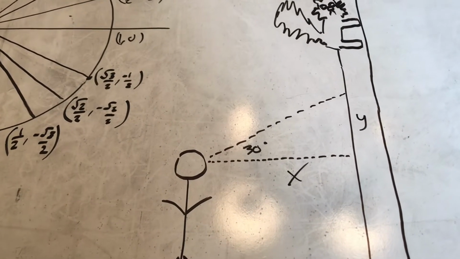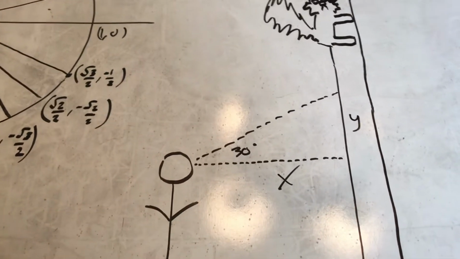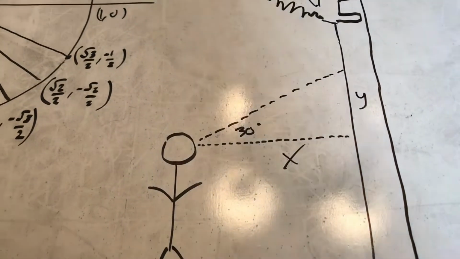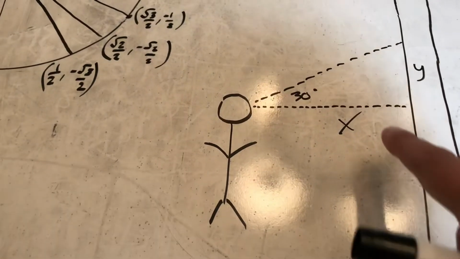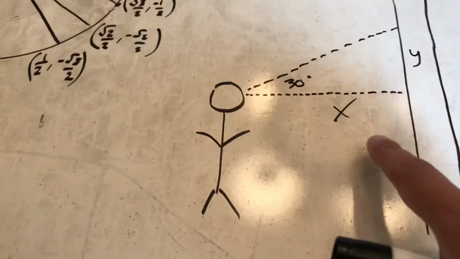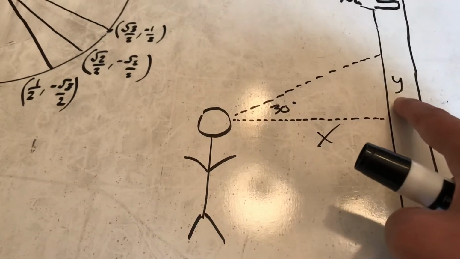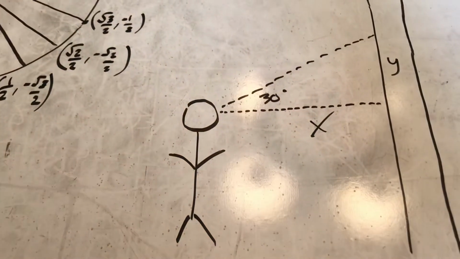In the activity, I think I give you a distance from the pole that the person is standing, but it doesn't matter. You can use any 30, 60, 90 triangle and you can get the ratio between the sides. For example, maybe this side is 6 radical 3 and this side is 6, or this side is 4 radical 3 and this side is 4, and so on.